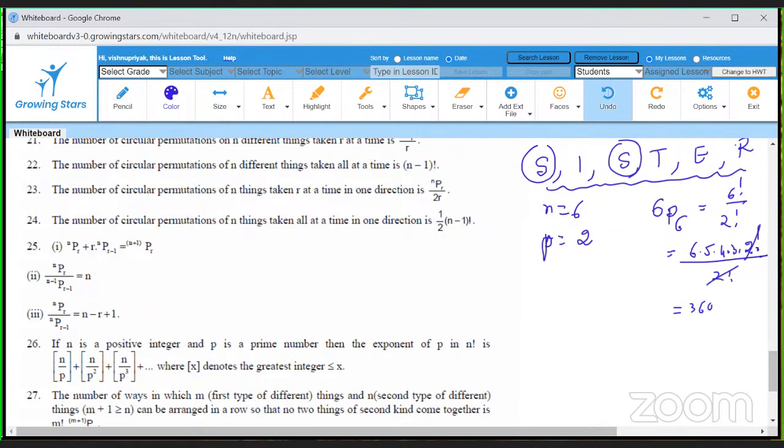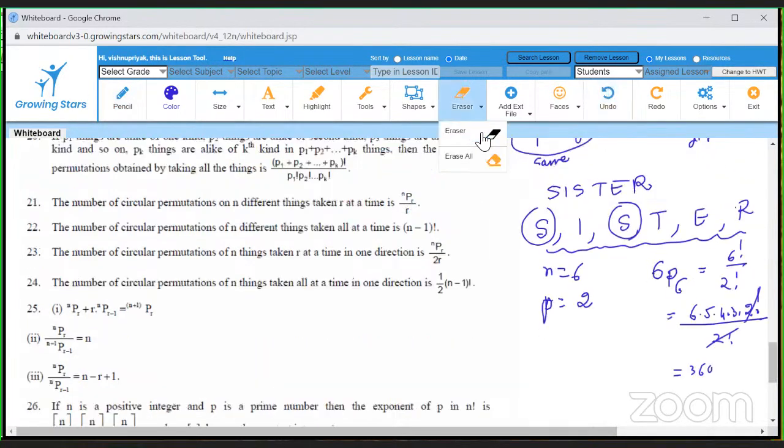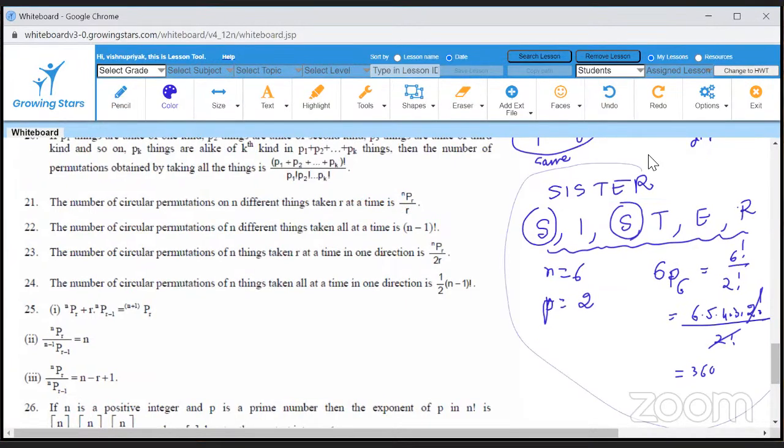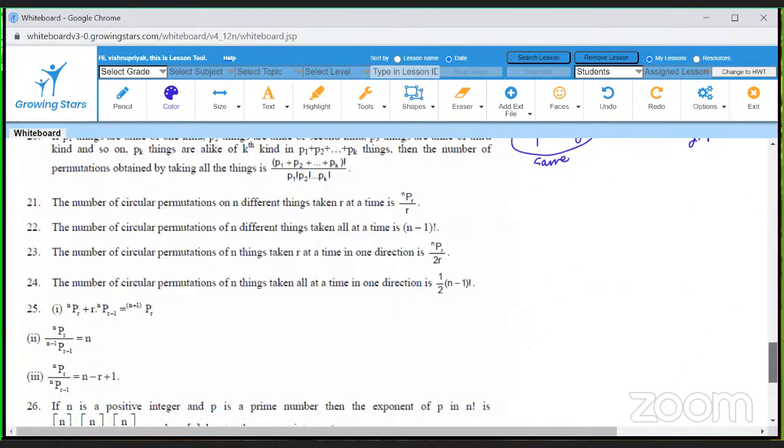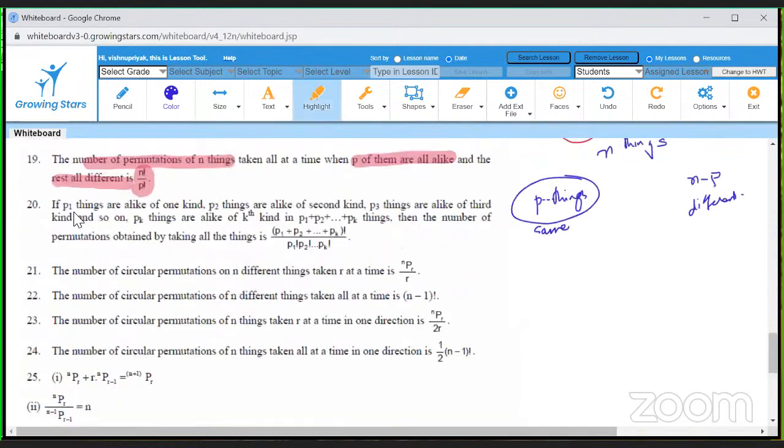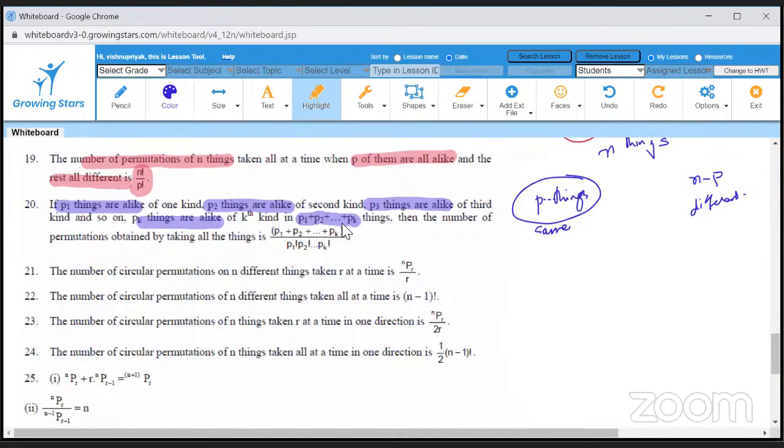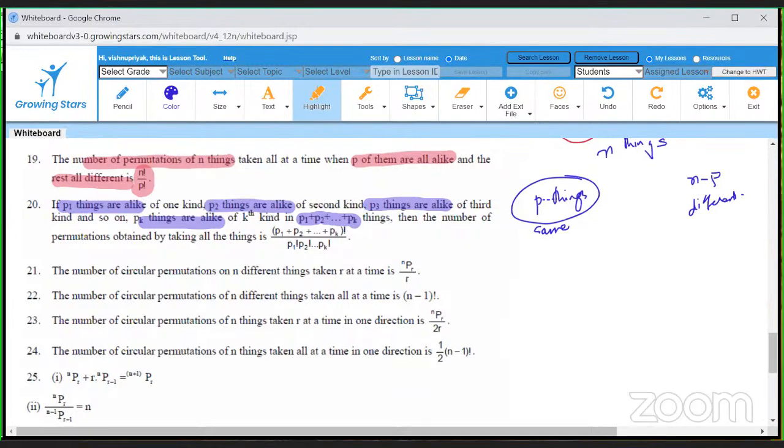Okay, next. The next one is similar to this. There are p1 things looking alike, p2 things alike, p3 things alike, like that pk things are alike. Then in total you have p1 plus p2 plus so on up to pk things.